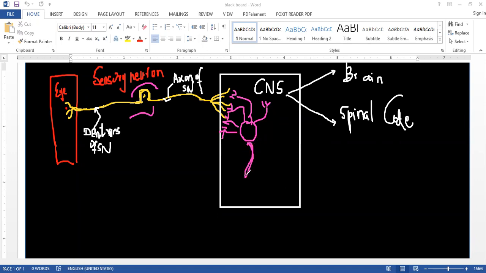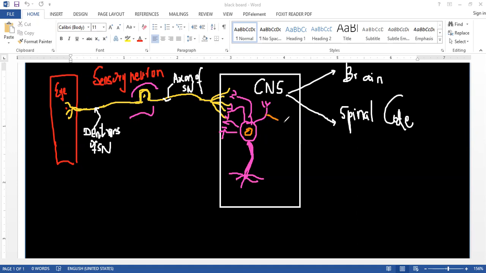In the central nervous system. If you understand this clearly now, it will be very easy when you talk about this, grade 11, chapter number 6. This is the cell body.